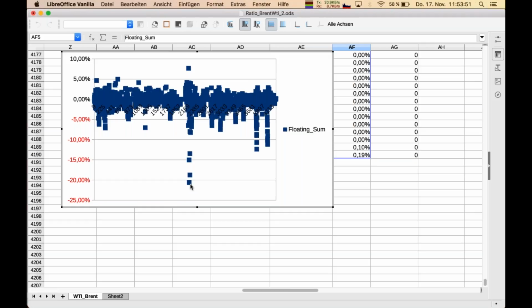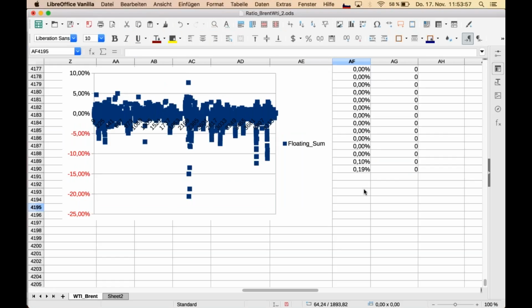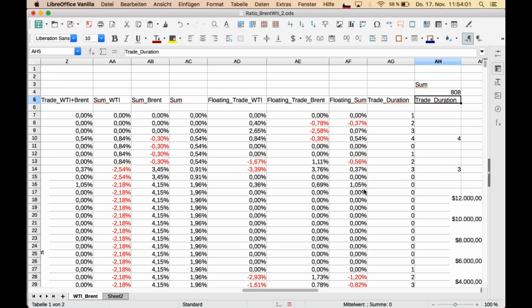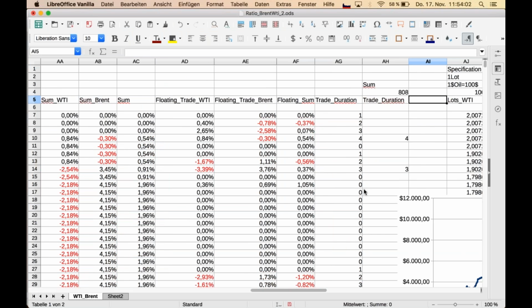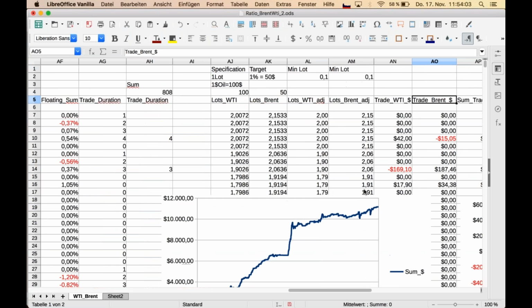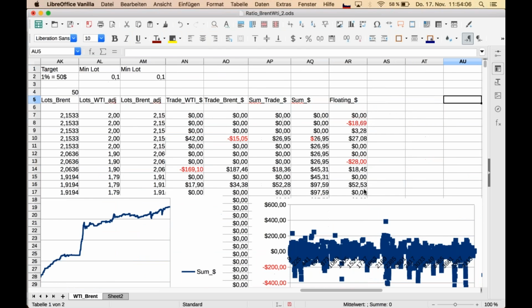But we have to survive that period. Since we can now translate everything to euro values, so percent values in euro values, and this is our dollar values.